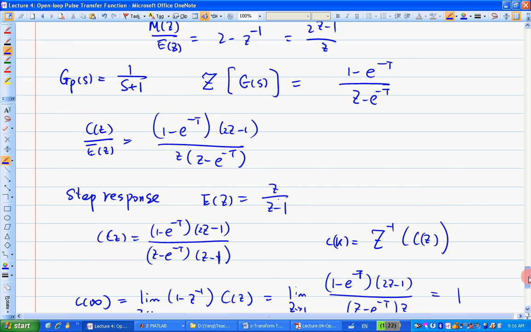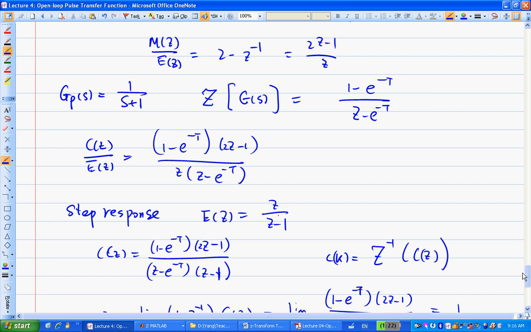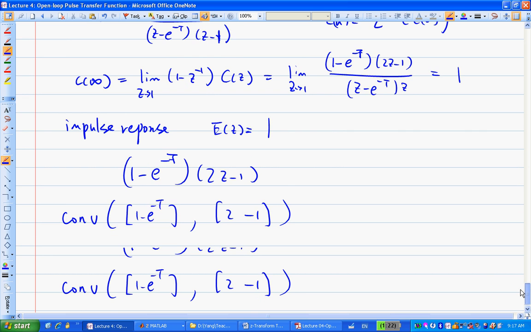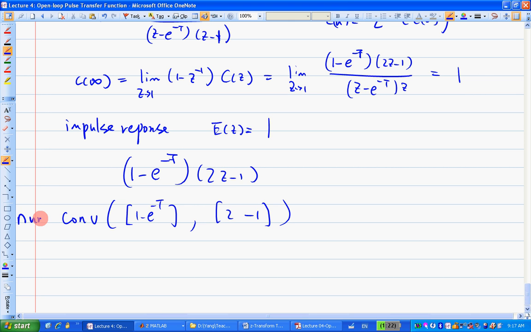Makes sense? Just a second here. So this is the second one, right? This is the PTF, right? That command is just trying to define this pulse transfer function, okay? Pulse transfer function. And numerator, this is the numerator here, right?